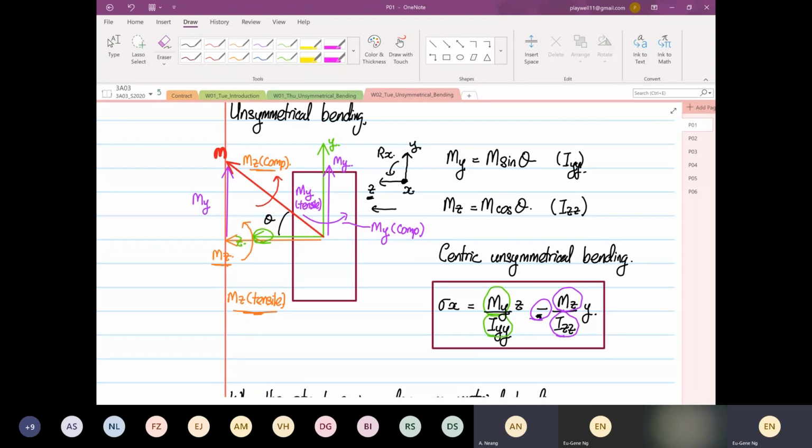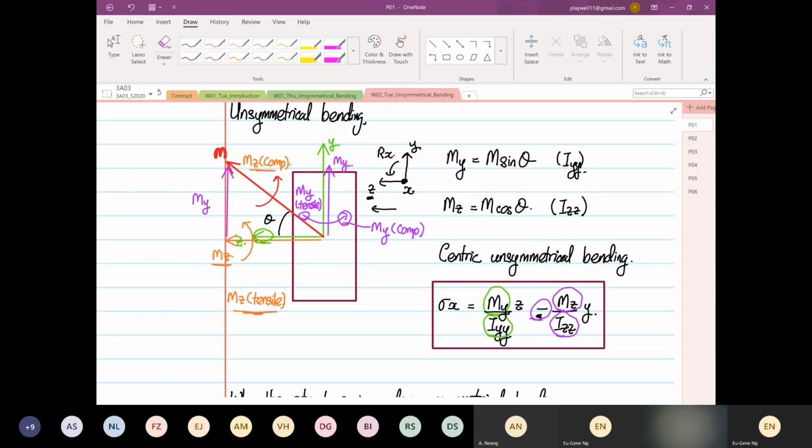Oh, I see. Okay, thank you. Likewise for MY, on the right hand side, MY is compression because it's the head of the arrow, and then the tail end of the arrow is in tensile. Got it. Thank you. Okay, so is everyone clear about this? Anyone else? Any question?